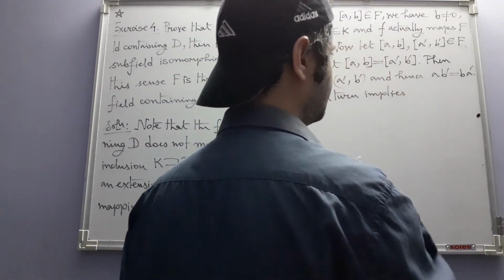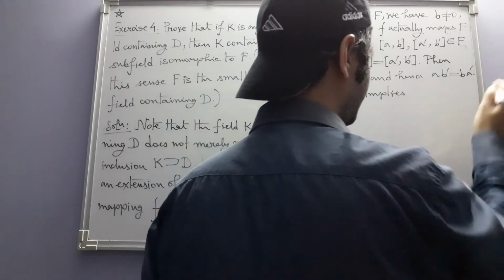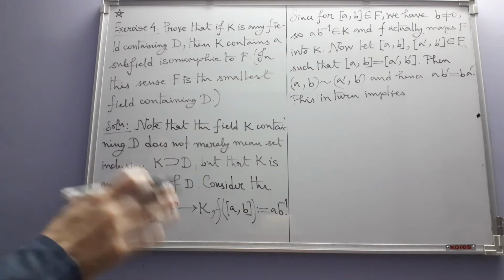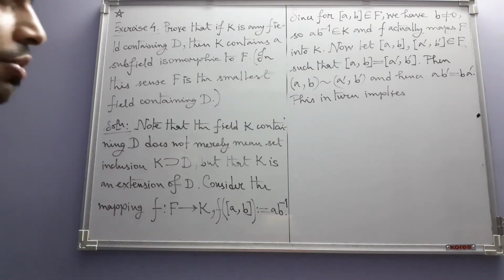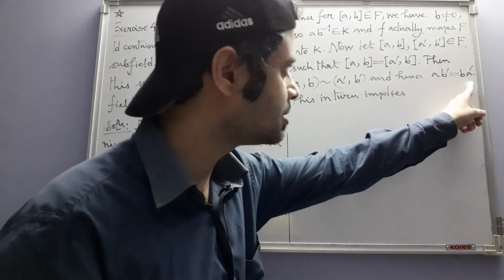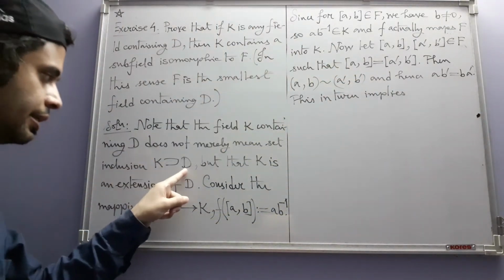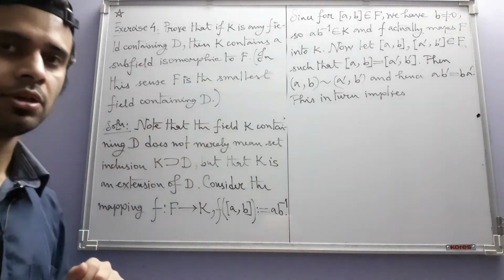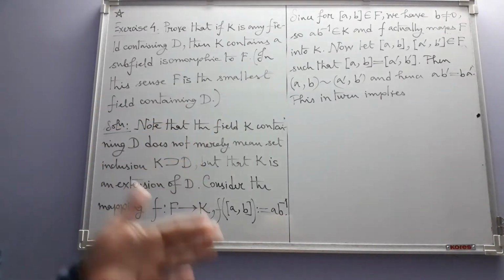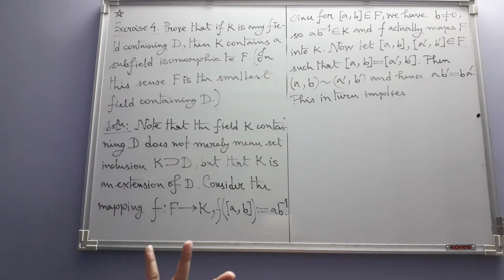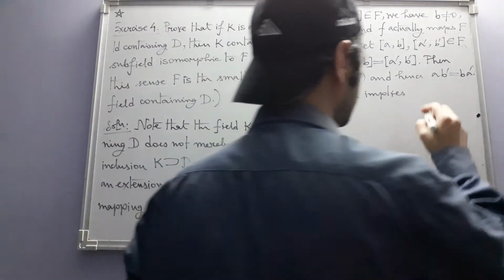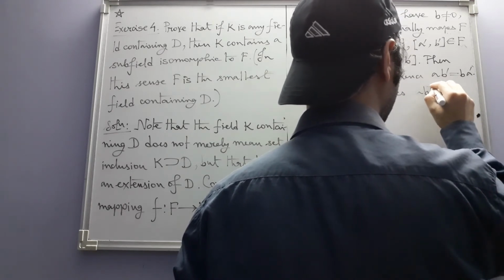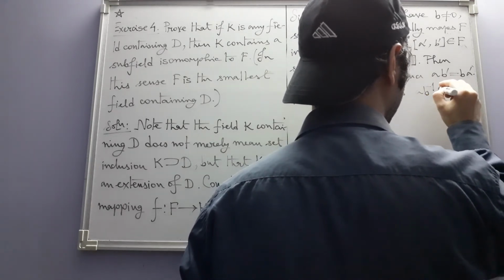what does it imply? If I multiply both sides by b inverse, b' inverse, I can do that, because you now view this equation not in D but in the field K. So you can do that calculation because b and b' are both non-zero, so their multiplicative inverses exist. So we ultimately get ab inverse is equal to a'b' inverse.